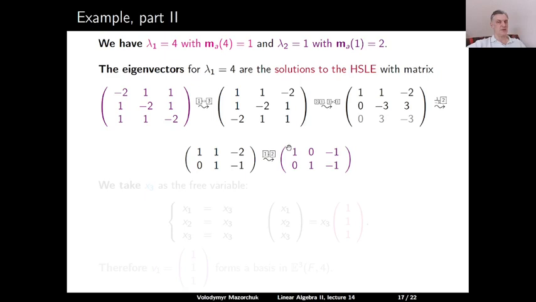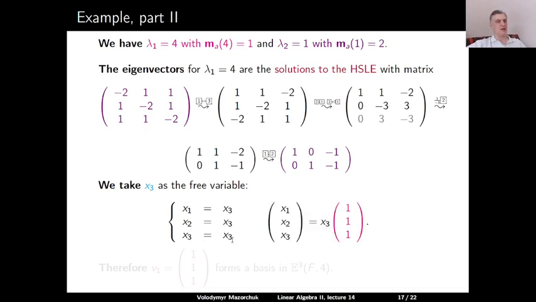The leading elements are in columns 1 and 2, so we take x3 as a free variable, and the first row gives us x1 is equal to x3, the second row gives us x2 is equal to x3, and for the free variable we have the trivial equation x3 is equal to x3. In vector form, (x1, x2, x3) is equal to x3 times (1, 1, 1).